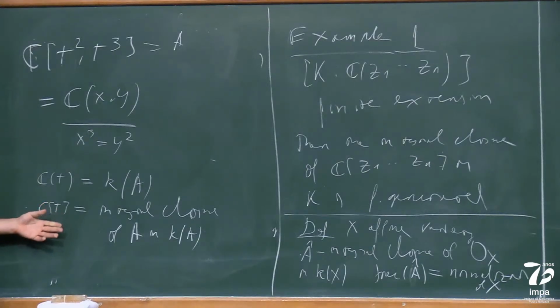So if we prove that this integral closure contains T, we are done.